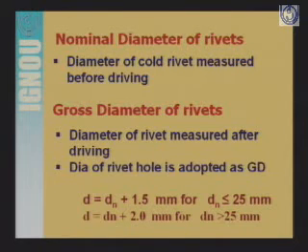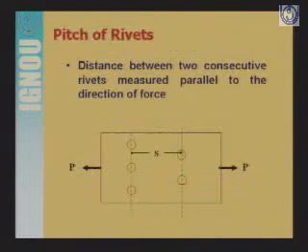In case of rivets having nominal diameter more than 25 mm, add 2 mm to the nominal diameter to get the gross diameter, as shown here: D equals Dn plus 1.5 mm for Dn less than or equal to 25 mm, and D equals Dn plus 2.0 mm for Dn greater than 25 mm. So that is the way we calculate the gross diameter of the rivets from the nominal diameter of the rivets.